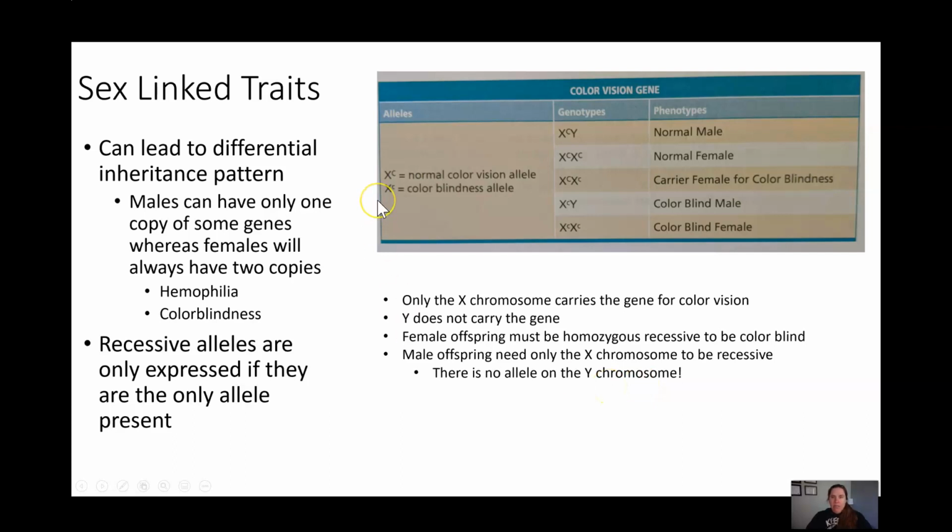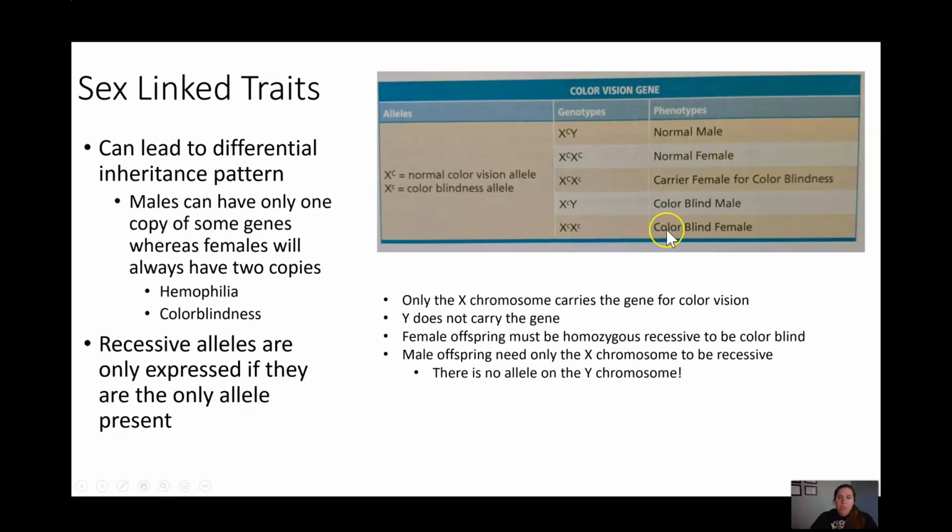So let's look at an example here with color vision. Remember, X capital C would be the normal color vision allele, whereas X lowercase c would be the color blindness allele. So this allele leads to color blindness. Females have to be homozygous for the recessive trait.